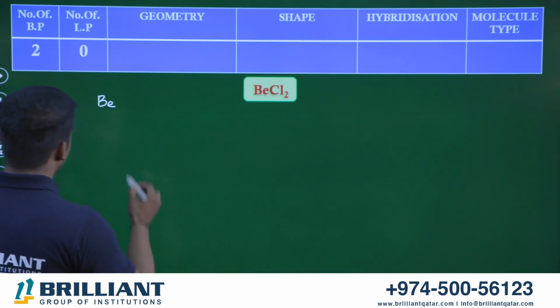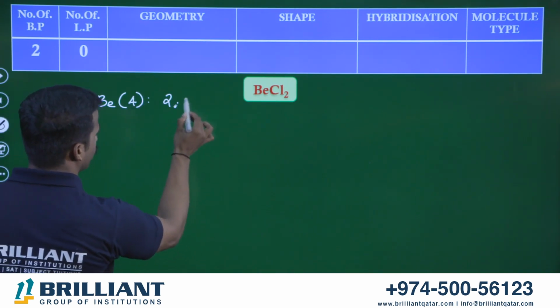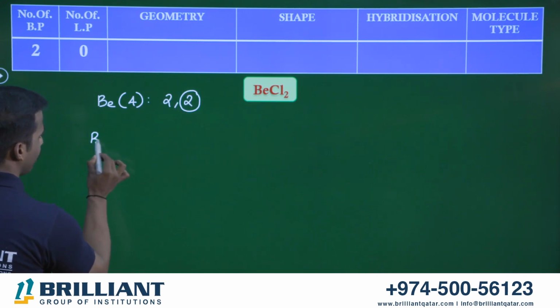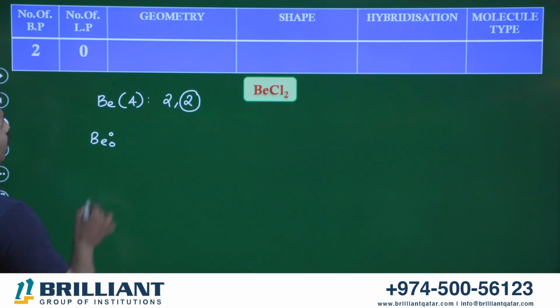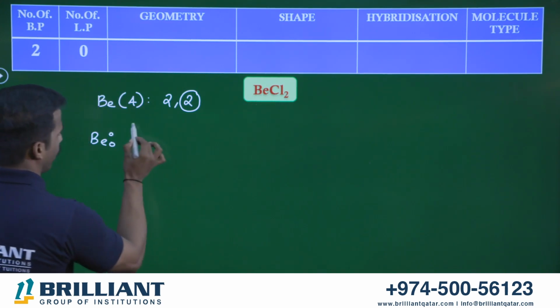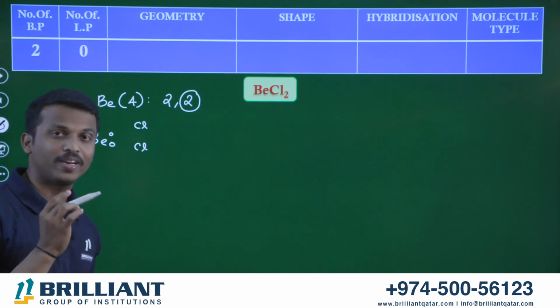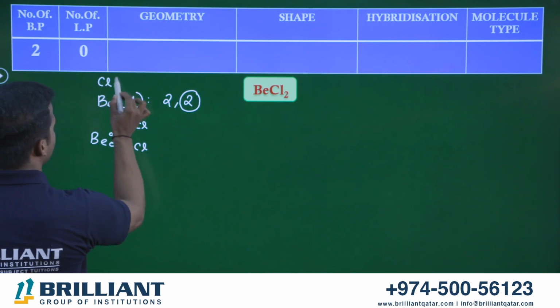So for beryllium 4, the configuration we can write is 2, 2. So what is the valence electron? 2. So beryllium valence electron is equal to 2. Now, it is surrounded by which element? Chlorine, right? What is the atomic number of chlorine? 17.